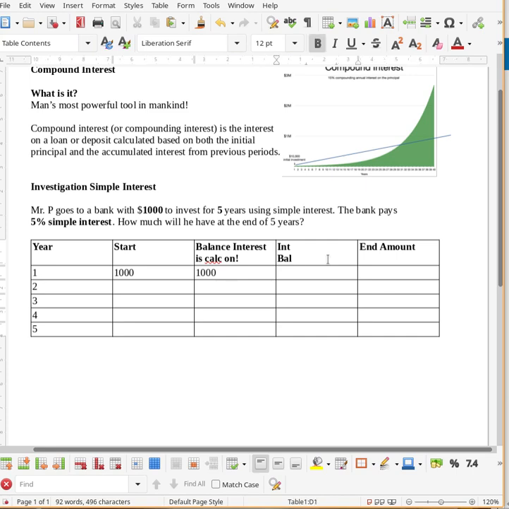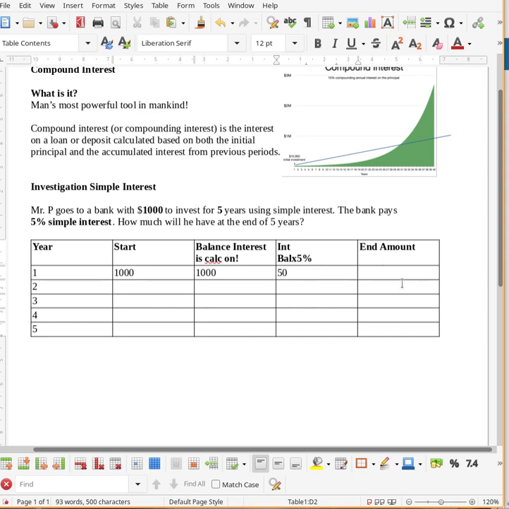then our interest is calculated on the balance, and we're going to multiply it by 5%. Okay? Now, that means that 1,000 times 5% is 50, right?